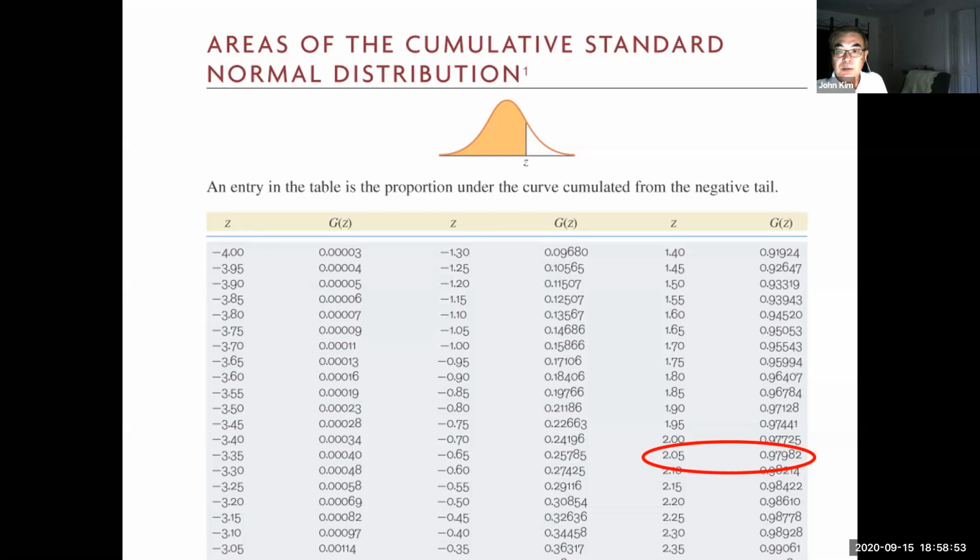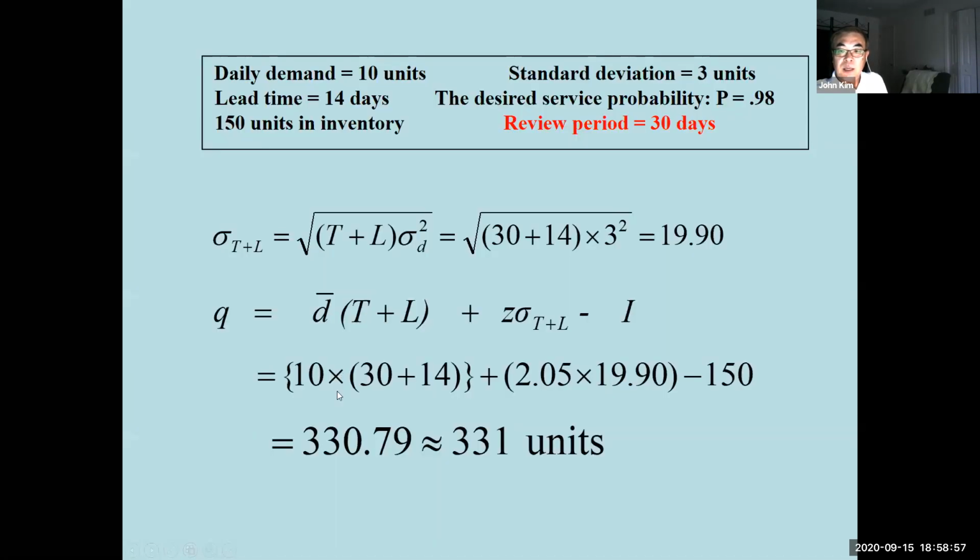So plug in: daily demand is 10 times the period is 30, lead time is 14, plus 2.05 z-score, and then standard deviation during T plus L is 19.9, then minus inventory on hand 150, so approximately 331.